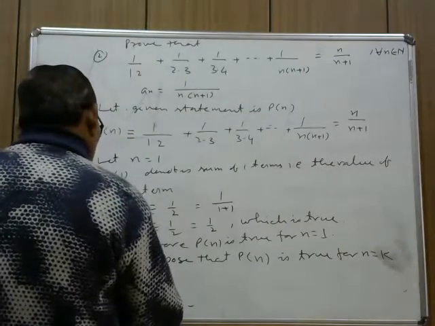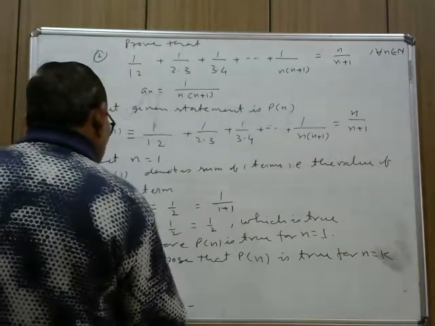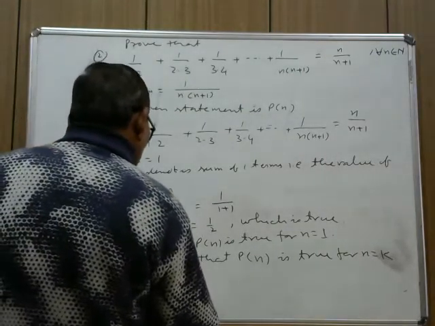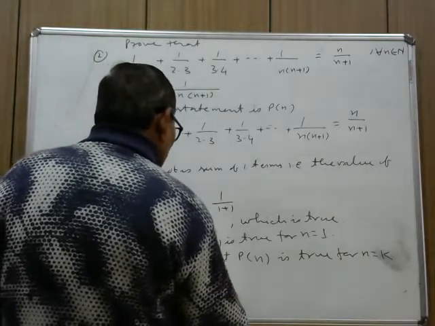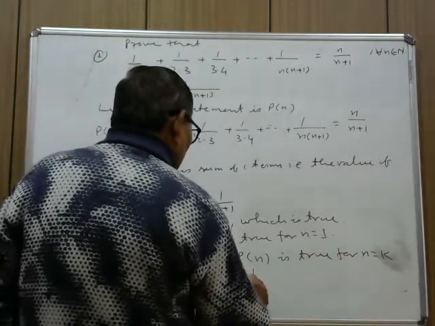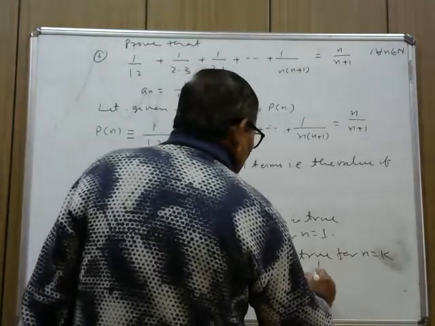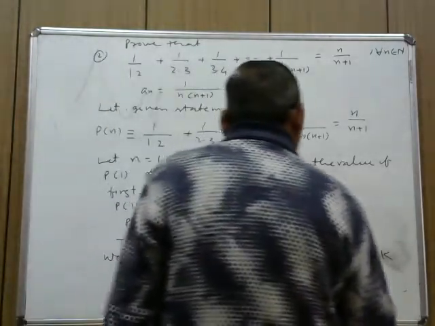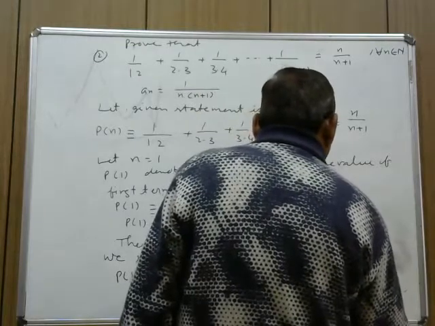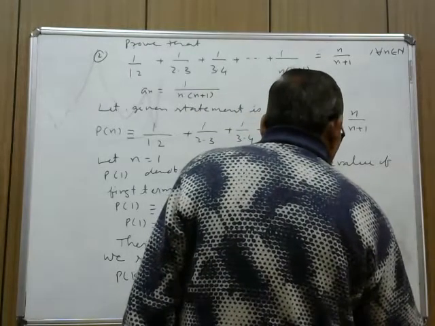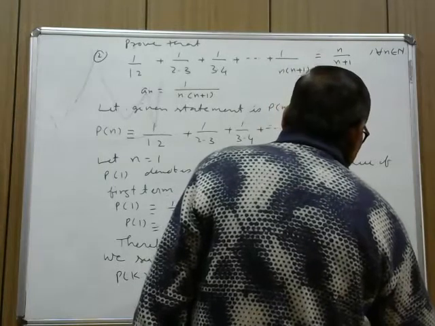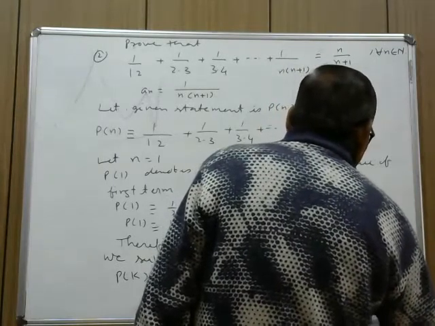So Pk can be written as 1 upon 1 into 2 plus 1 upon 2 into 3 plus 1 upon 3 into 4 plus and so on plus kth term becomes 1 upon k into k plus 1, and this sum equal to k upon k plus 1.